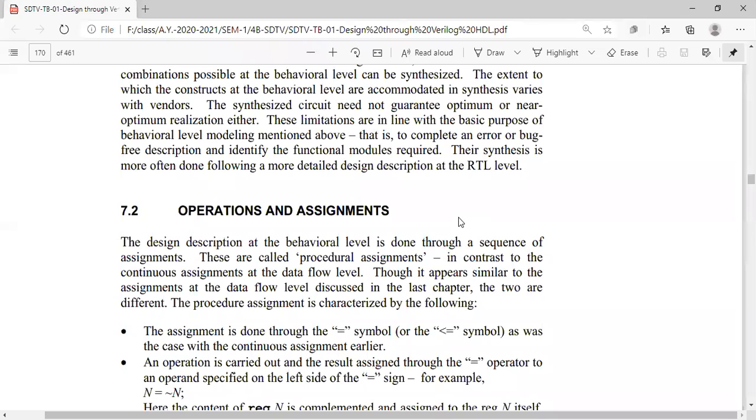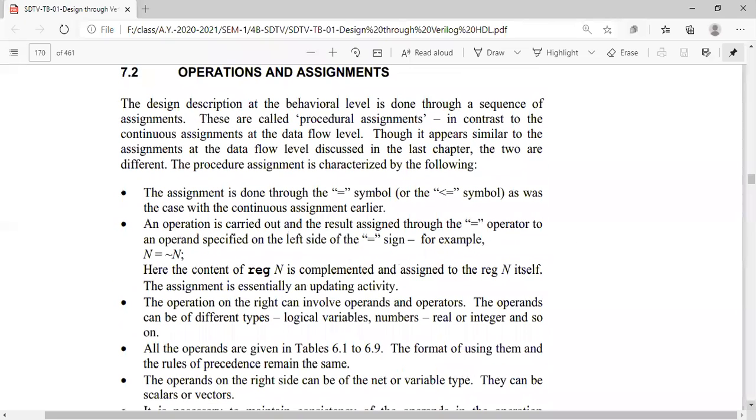Here, the assignment is done through the equal to symbol or the less than equal symbol. This is the procedural assignment. In the data flow model, we used to call it a continuous assignment.